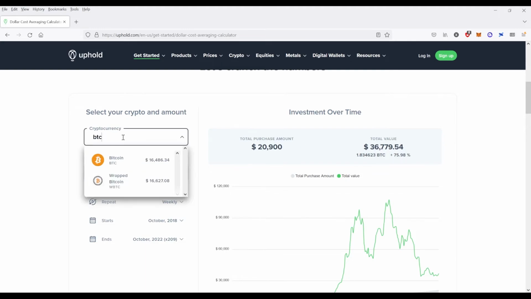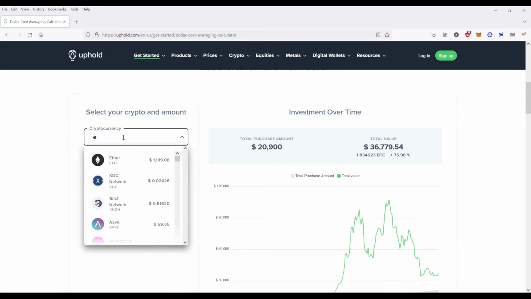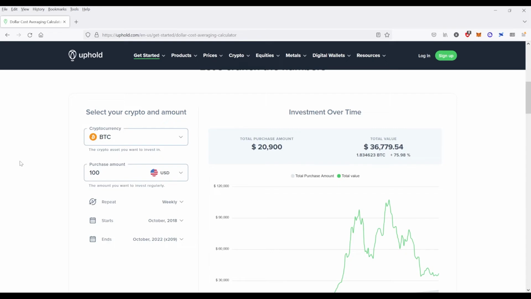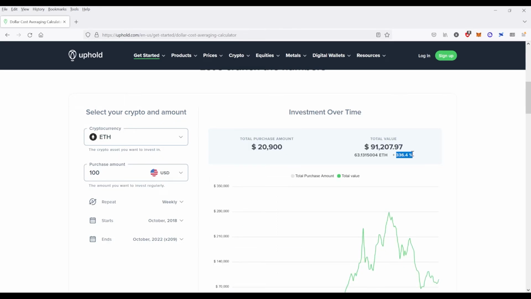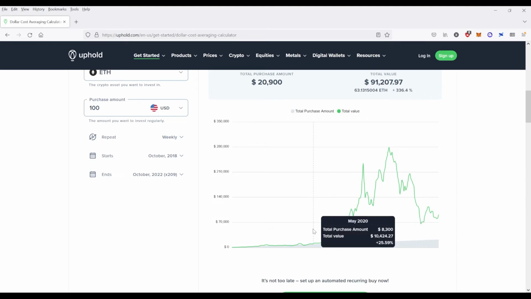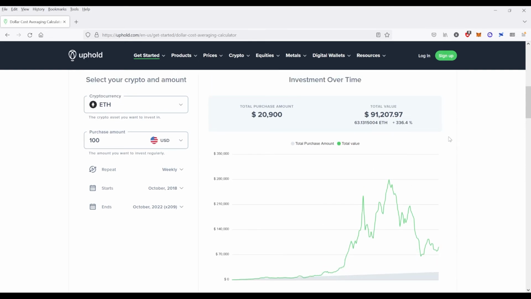If you were to do something like Ethereum instead of Bitcoin, which is again more volatile, we can see that the gain in this case is going to be 336%, okay, starting with 20,000 and ending with $91,000. So that's the reason why I think having time in the market beats timing the market, because there's many different points here at which you could be calling a top or a bottom, and you could be trading in and out, or you could have just held through it and you'd be up 336%.